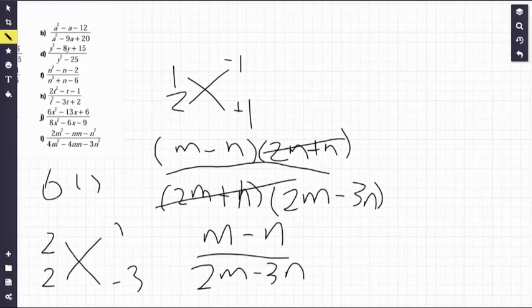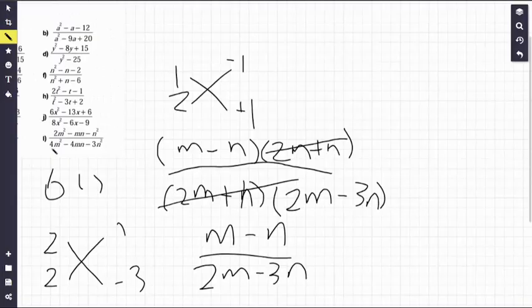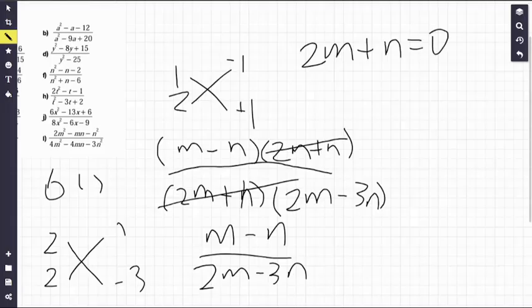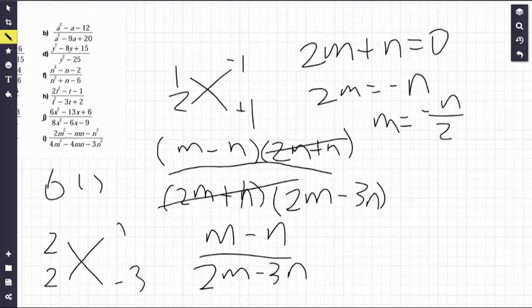Now let's state the restrictions. So 2m plus n equal to 0. People get really terrified when we get into this kind of stuff, but really it's not terrifying at all. Move it over and do the math. 2m equals negative n. m equals negative n over 2. m cannot equal that.